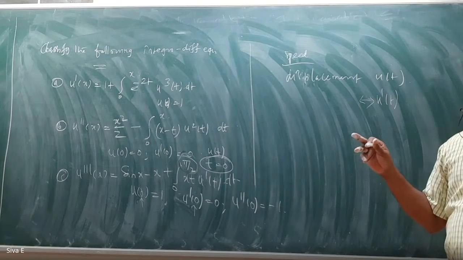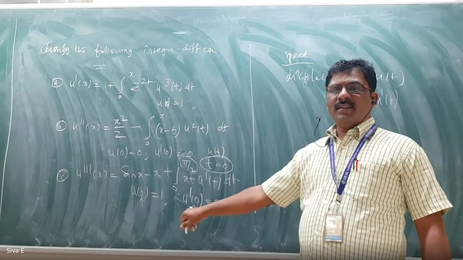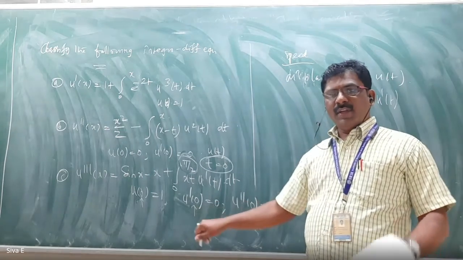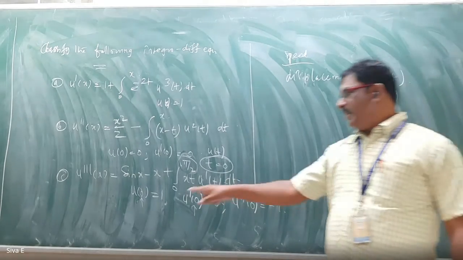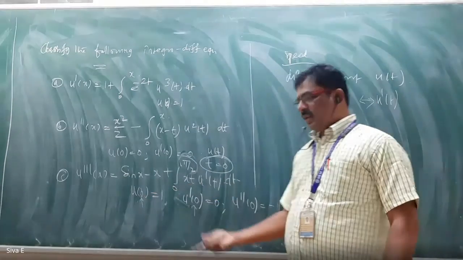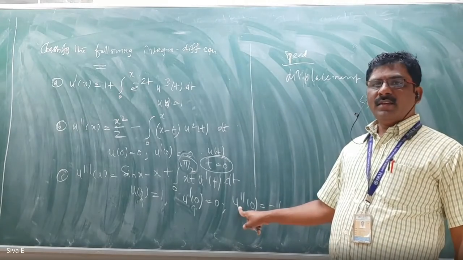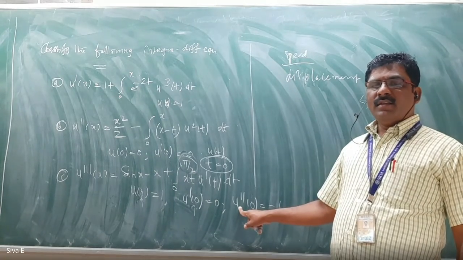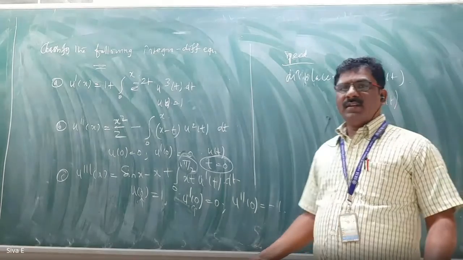What is it? Velocity, sir. Then that is called, simple, add only one word in front. Initial velocity, sir. Exactly, it is initial velocity. Then what is the rate of change of velocity? Acceleration, sir. Excellent. That is correct.